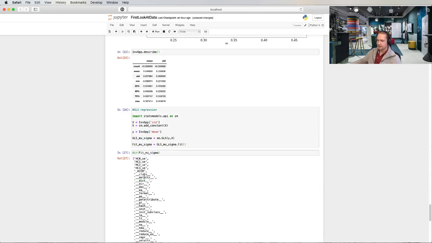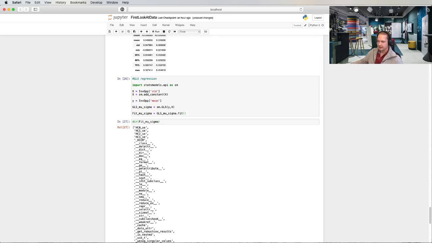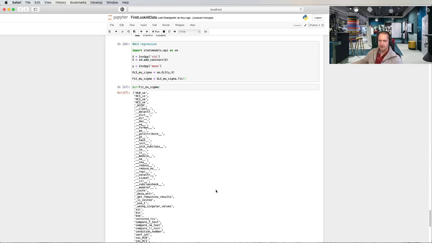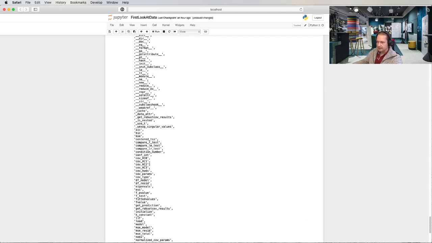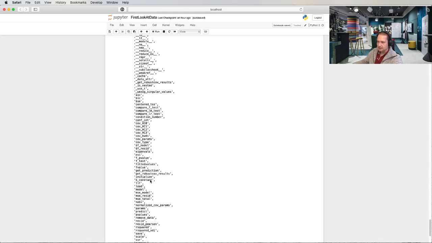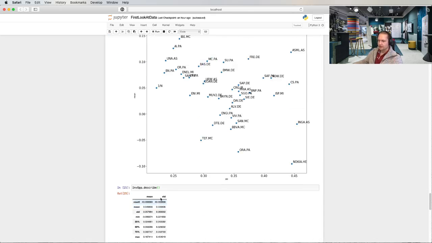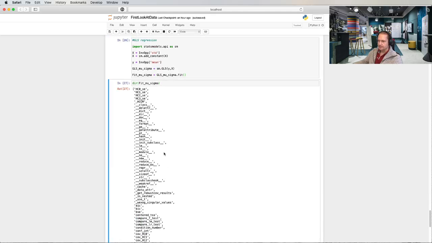Right? So you see that you can get different types of standard errors. You can get the eigenvalues. You just get everything, yeah? R square, adjusted R square, the residual time series, the T statistics, you name it.